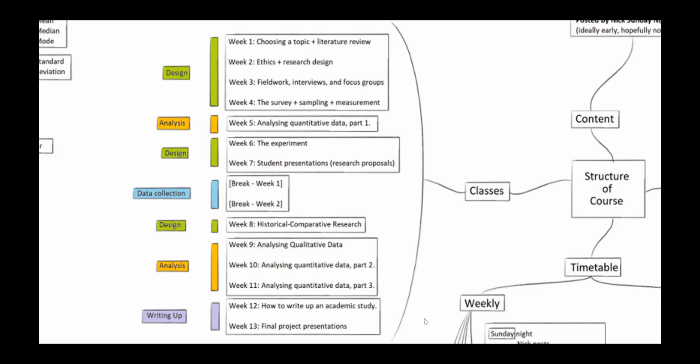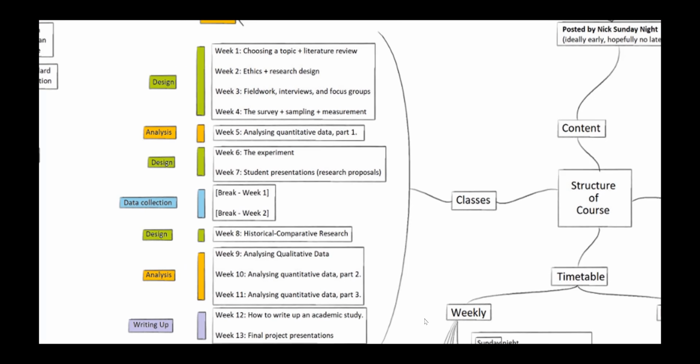After the break and after doing historical comparative research, we're going to do 3 weeks of analysis, 1 on qualitative data, 2 more on quantitative data. And in the last week before your final project presentations, we're going to talk about how to write, basically. So that's it. That's what you've got to look forward to.